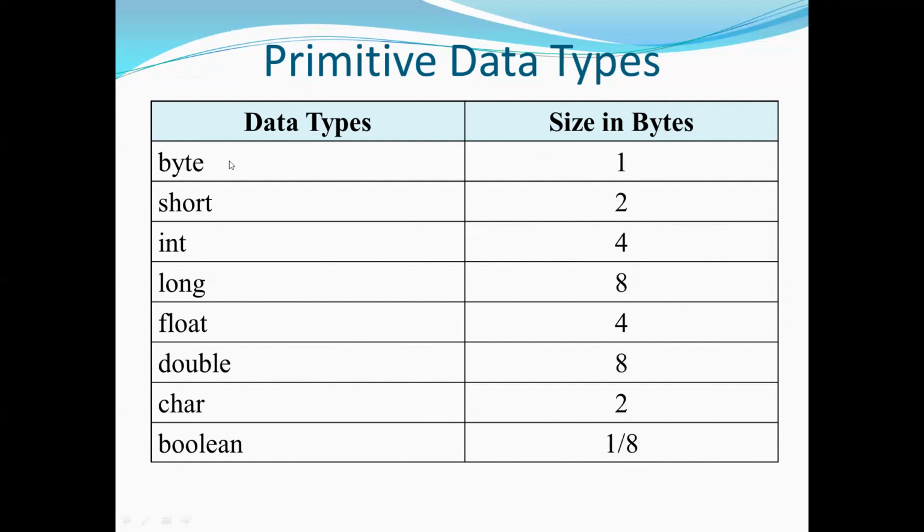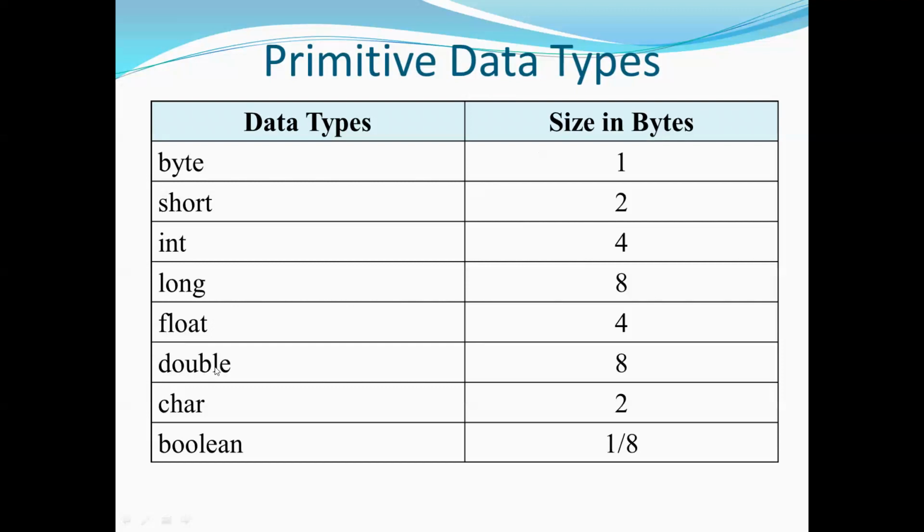All these data types from the start to long, that is byte, short, int, long, are used to store the natural numbers, the whole numbers, and according to the size it stores the values.